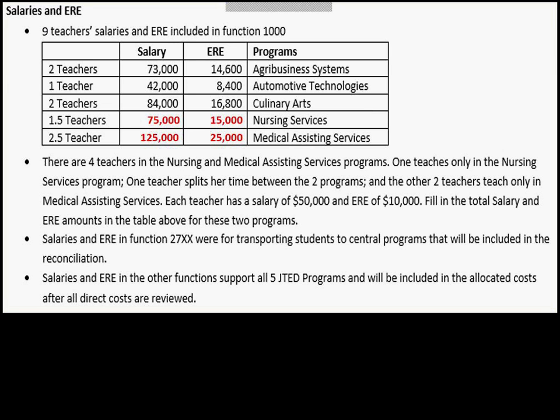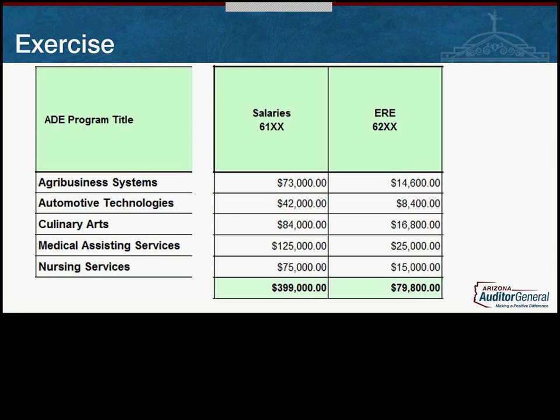Amanda, I'm going to turn over, in the green form, let's go back there, because now you've filled out your little worksheet that showed you what your cost should be. That cost information would just transfer right over to the green form to fill in for salaries and ERE for each of the programs. There's a little something here you should note.